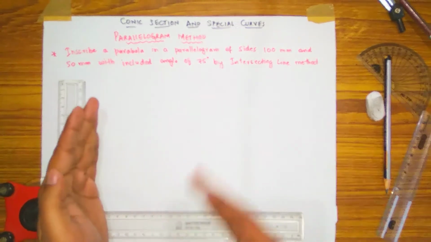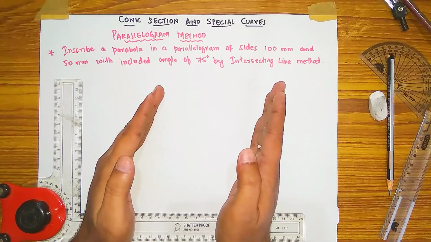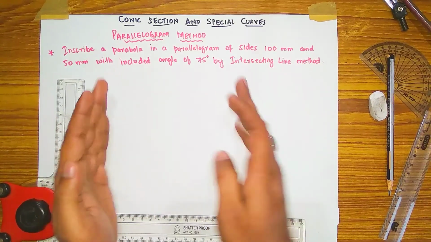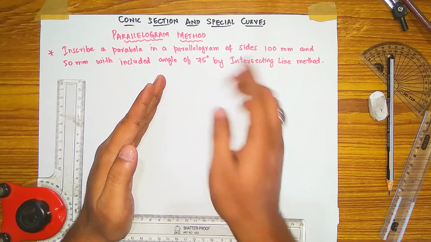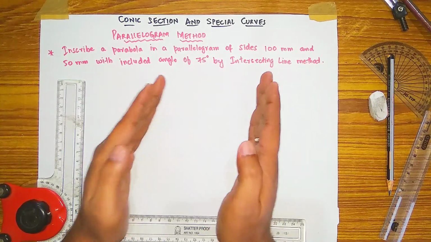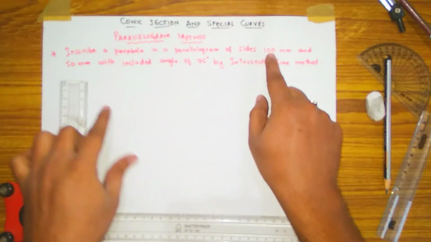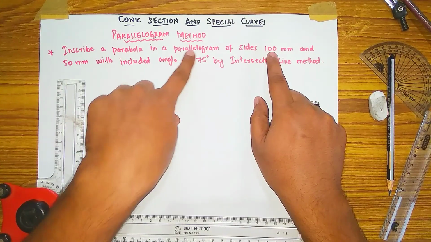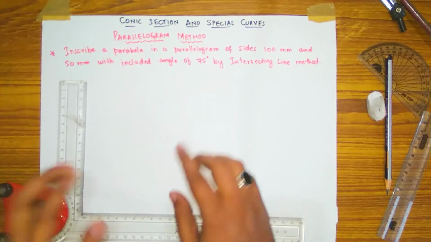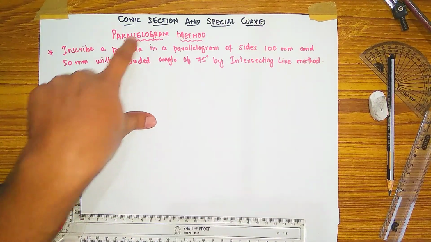So you have to draw a parallelogram, which is somewhat tilted like this. It is a rectangle, but the angle is tilted. He gave 75 degrees and the two sides 100 mm and 50 mm, so you have to inscribe a parabola by the parallelogram method.